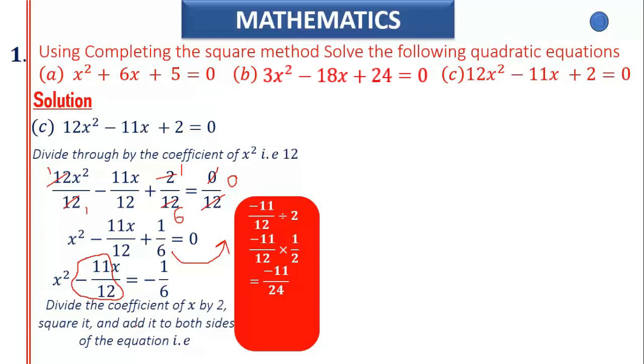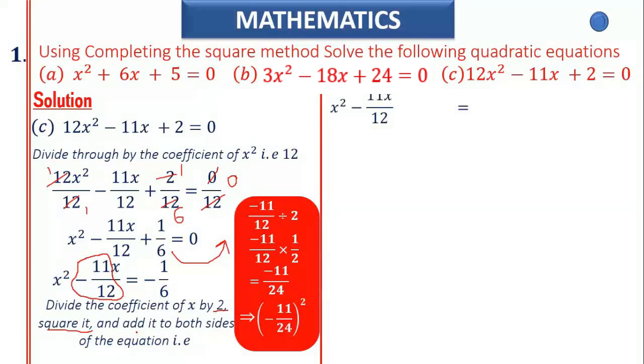Don't forget, we are dividing it by 2, and after that we are squaring it. We have to square it. So if you square it, that means we are meant to have (-11/24)^2. And don't forget, we are not meant to solve that value yet. Okay, so let's move on.